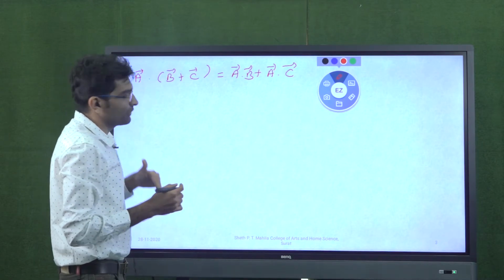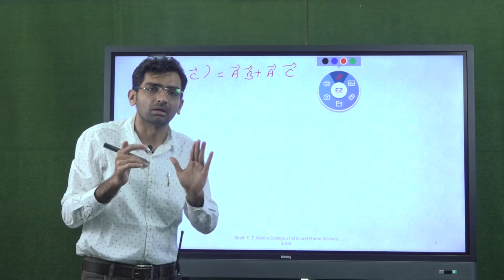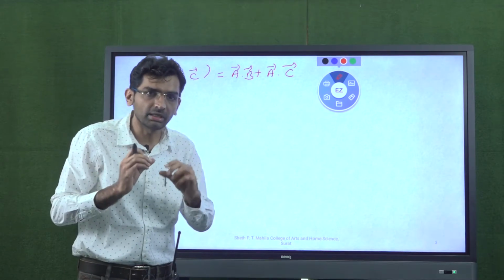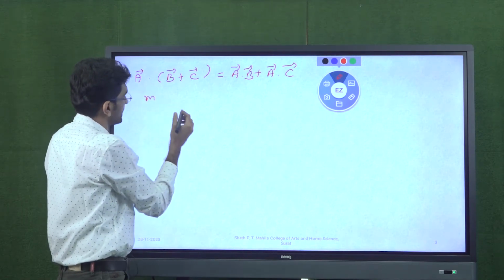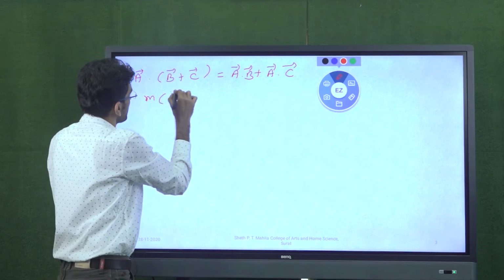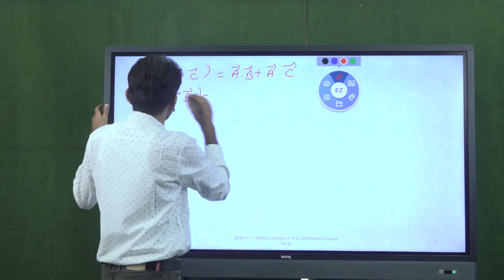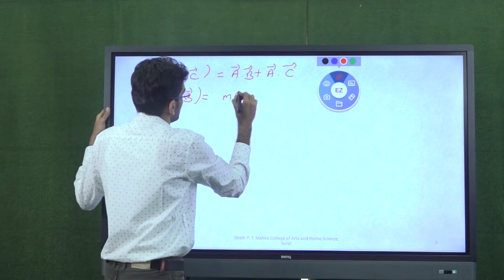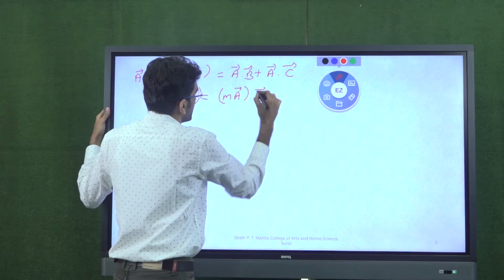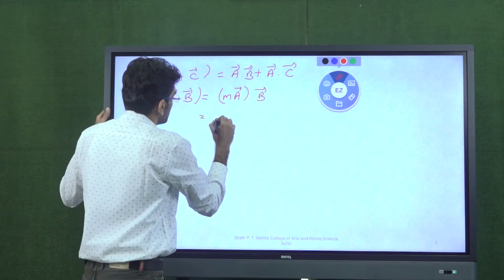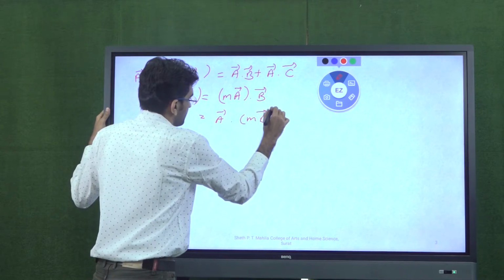Another one: what if I multiply your scalar product with some scalar quantity? Let's say m is some scalar quantity and I multiply it with A dot B. What I get is, either I can write this as mA dot B, or I can write A dot mB, right?